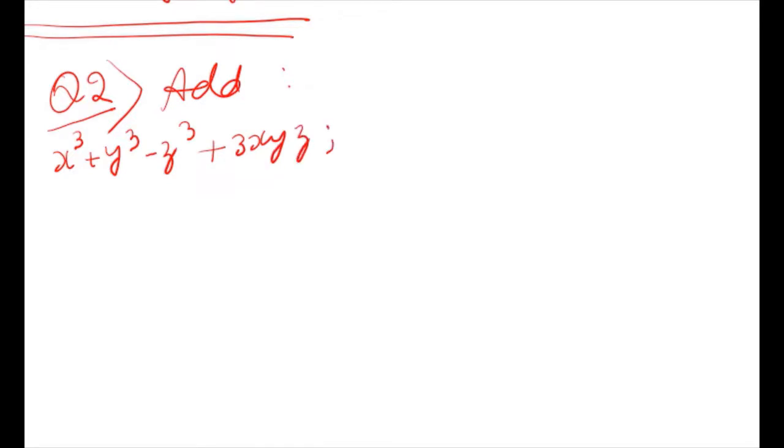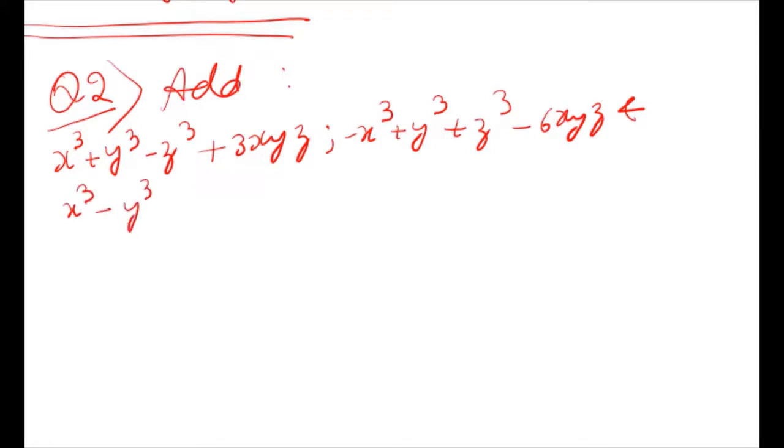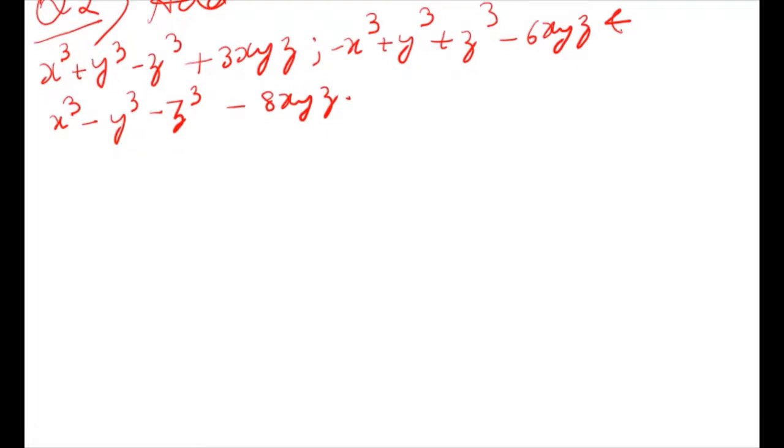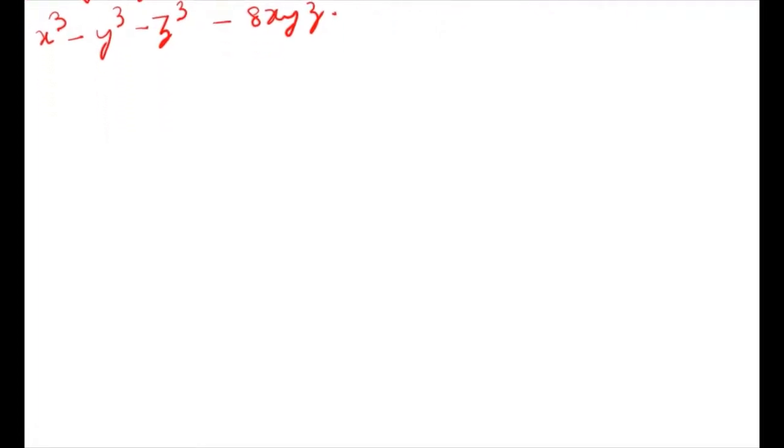Then you have minus x cube plus y cube plus z cube minus 6xyz. And the third expression we have to add is x cube minus y cube minus z cube minus 8xyz. Okay, so we have two methods, horizontal method and column method.